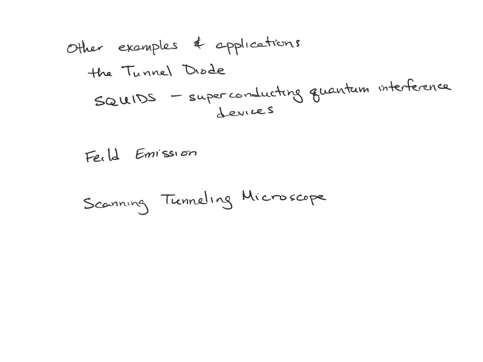So changes in tunneling current corresponds to changes in the barrier width, and you can get very small details resolved down to atomically small details.